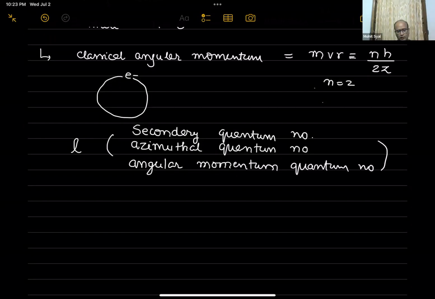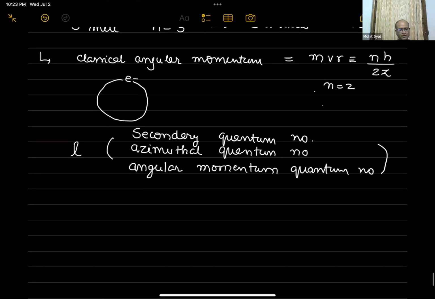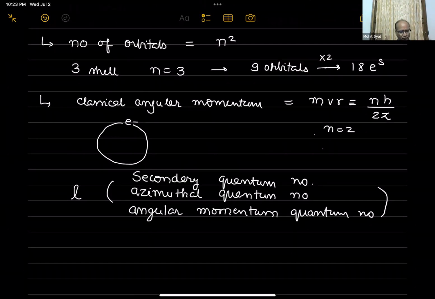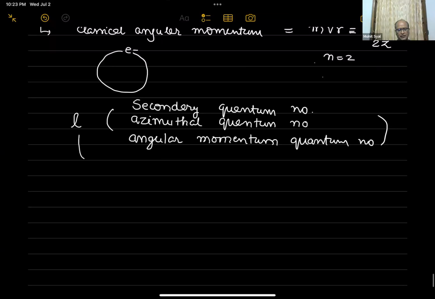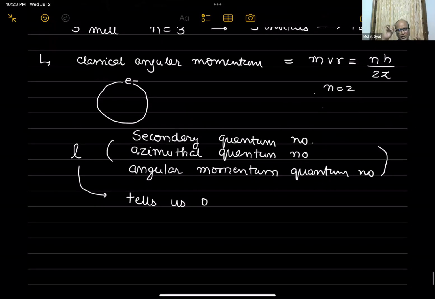First of all, for each shell there were so many electrons, and now we know they are not all present in one shell. Within the shell there are subdivisions into subshells, so this quantum number tells us about the subshell. In junior classes we used to put 8 dots in one circle.